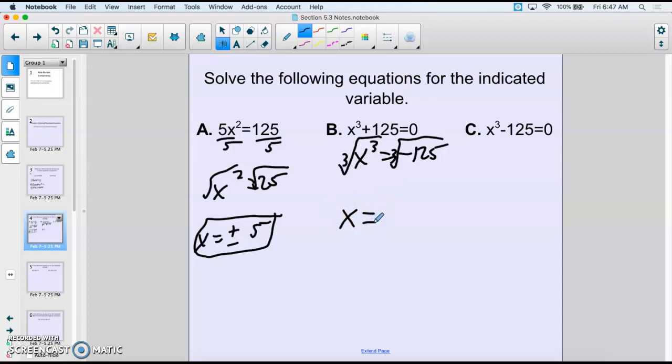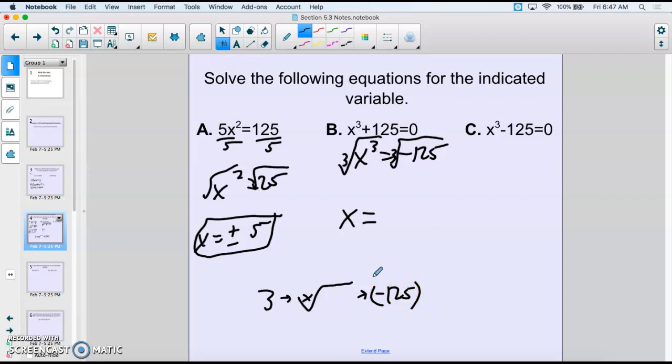If you're using a typical calculator, there'll be a button that looks kind of like this. You're going to hit the number 3, then hit that button, and then negative 125. It's always good with negatives to put it in parentheses if you can. In this case, the parentheses aren't all that needed.